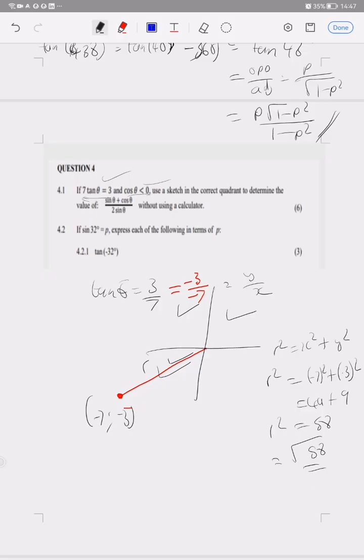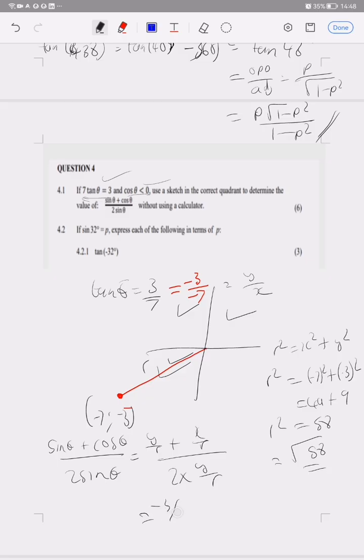Then how do we do this one? We are given sine theta plus cos theta over 2 sine theta. All right, then what do we do here? This will be y over r plus x over r, over 2 times sine, which is y over r. So what is my y?